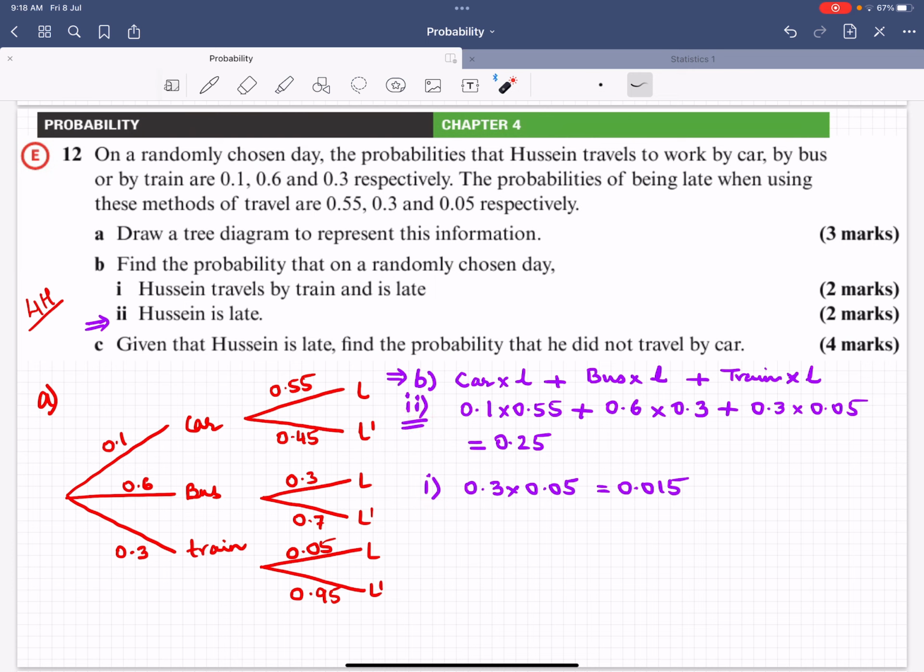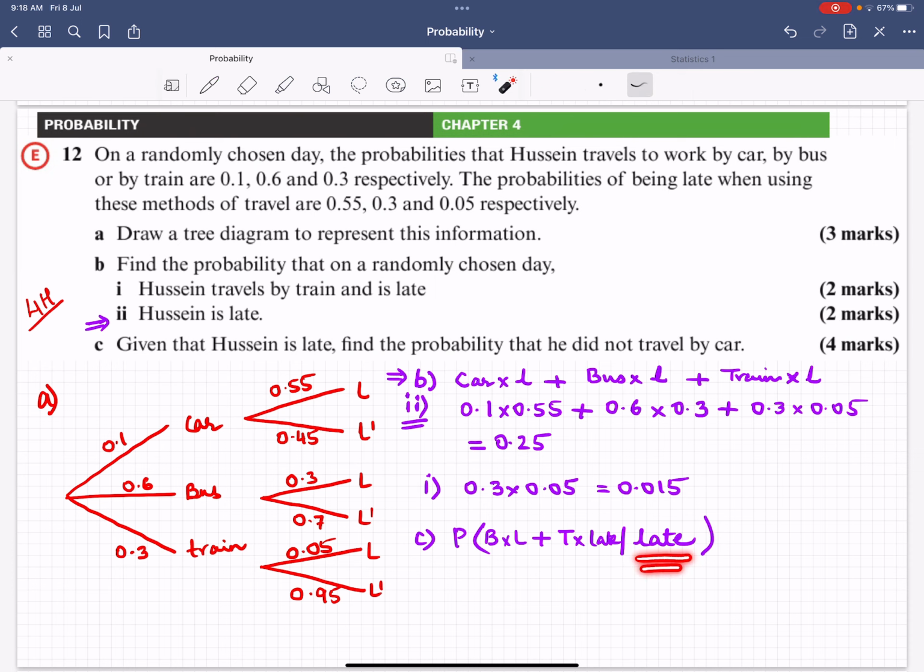Okay, moving on to part C. Given that Hussein is late, find the probability that he did not travel by car. So we need to find the probability given that he was late.